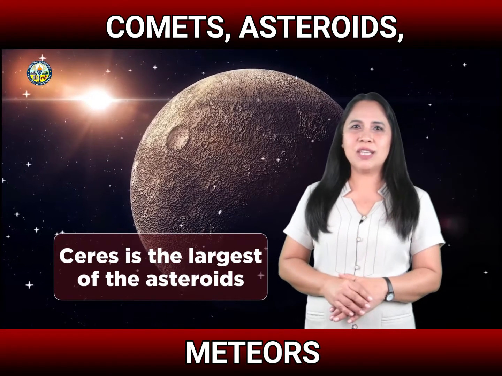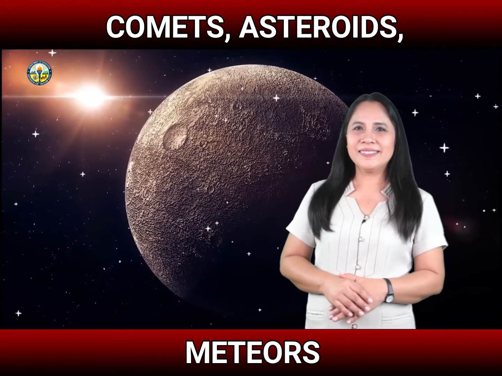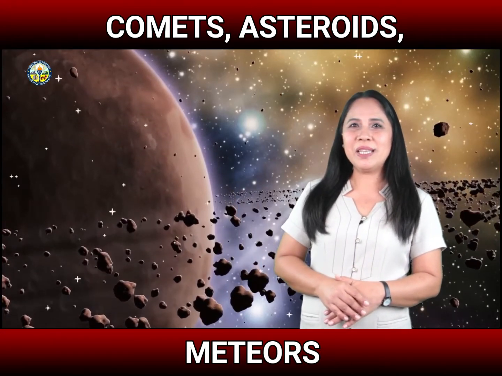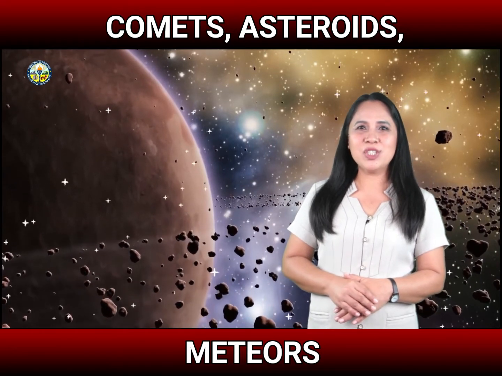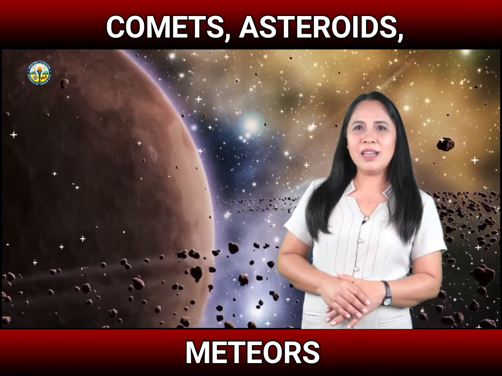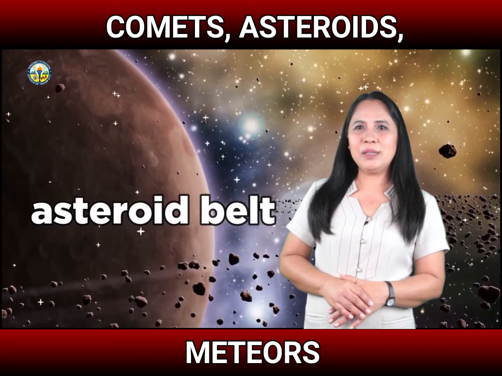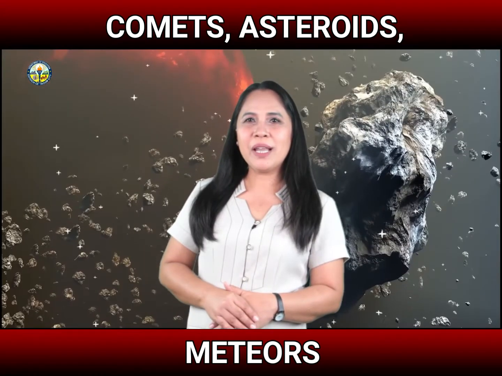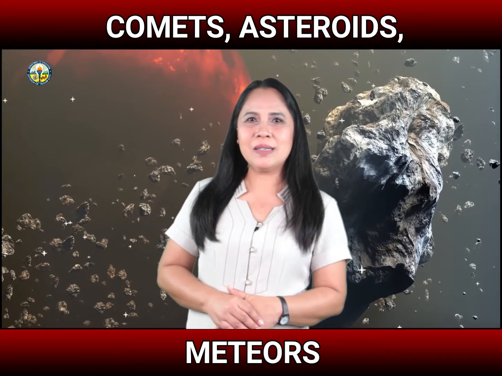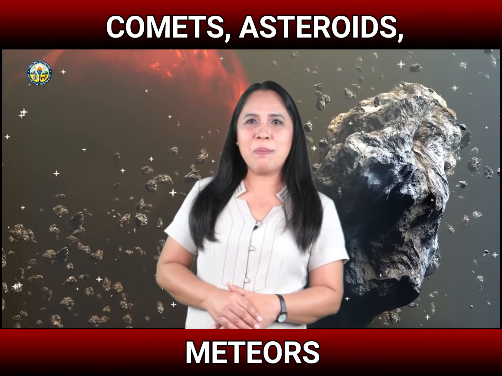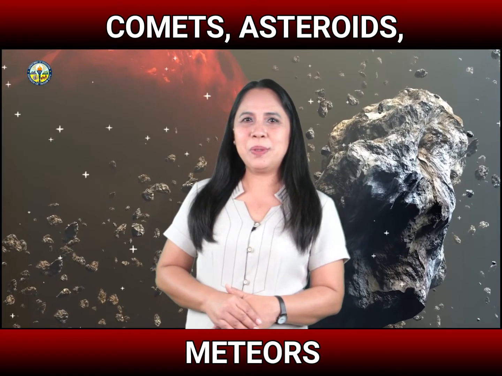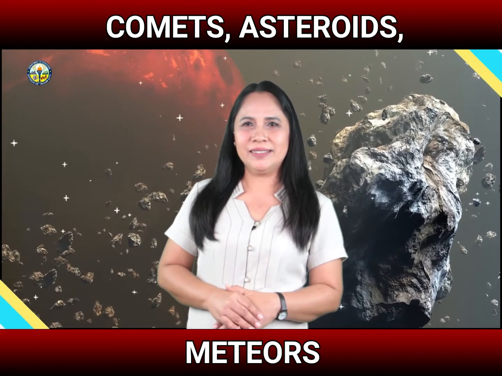Ceres is the largest of the asteroids. Many asteroids orbit the Sun in a region between Mars and Jupiter. This area is called the asteroid belt. Jupiter plays a big role in preventing asteroids from constantly bombarding the inner planets by pulling the asteroids outward.